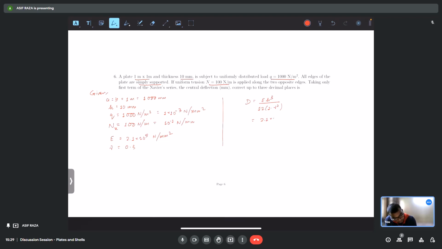So 2.1 into 10 power 5 into 10 to the power cube upon 12 into (1 minus 0.3 square). So this would be equal to 1.923 into 10 power 7 Newton mm.